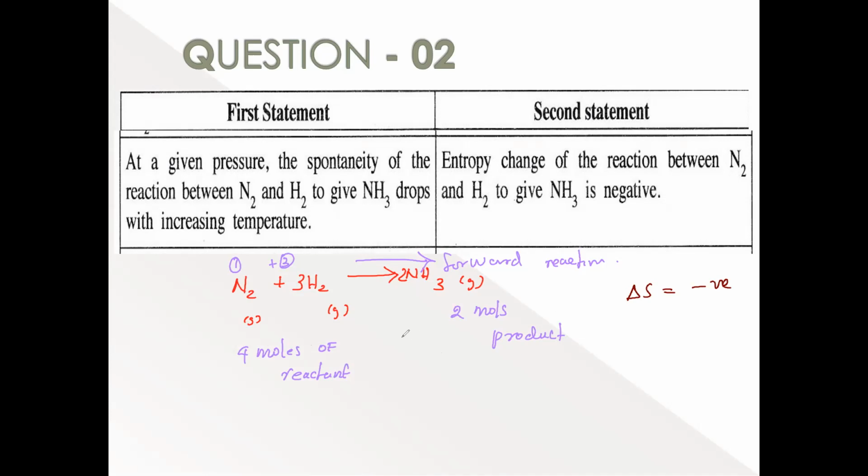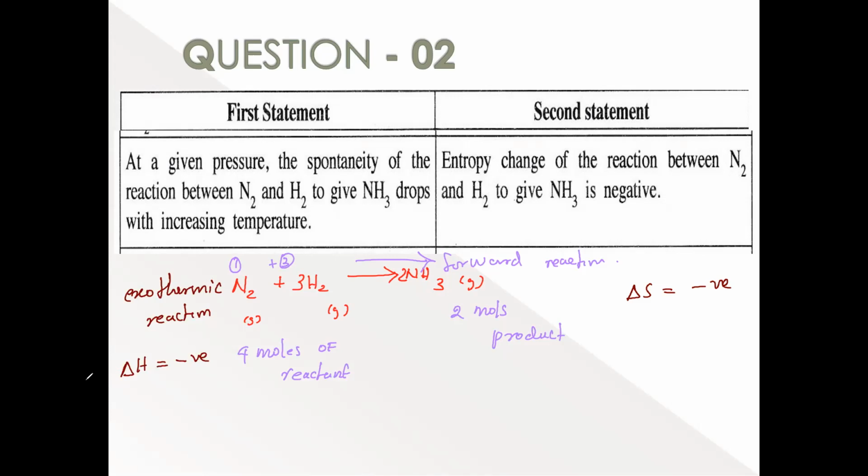This reaction, N2 giving ammonia, is an exothermic reaction. You should know this. Exothermic reaction means what? Your delta H is also a negative value, releasing heat.